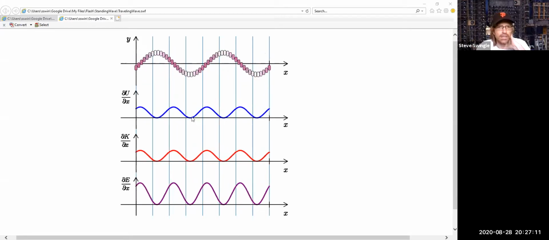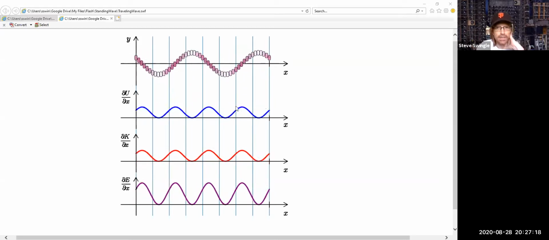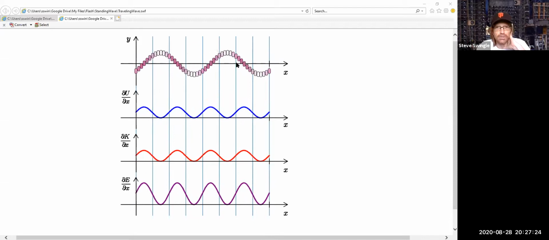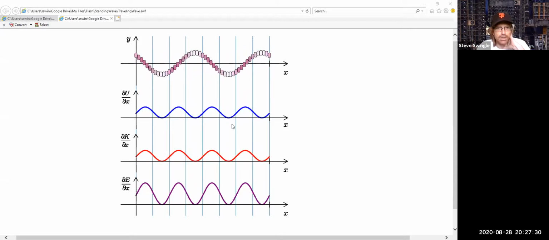If you compare it to the displacement of the string, you can see that the points where these are peaking correspond at the same time to the points where the string is crossing through the origin. The points where you have zero potential energy, zero kinetic energy, and zero total energy are the crests and the troughs.